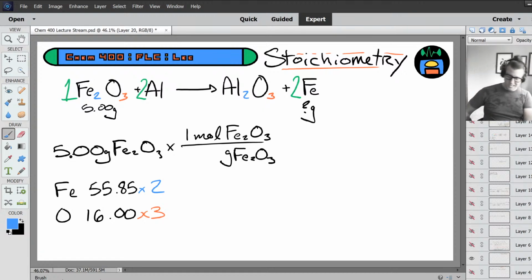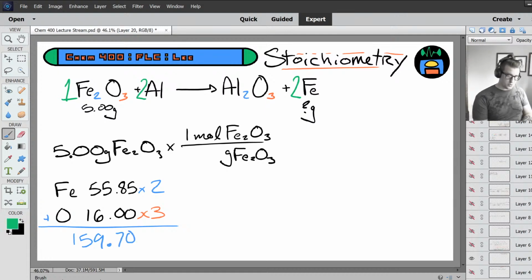All right, so 3 times 16 is 48. 55.85 times 2 is 111.70. So that plus 48 will give us a molecular mass of 159.70.